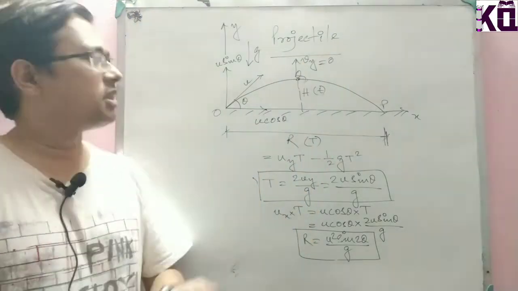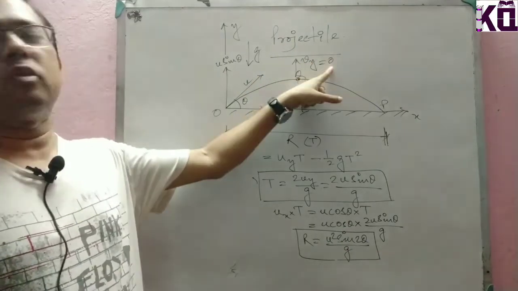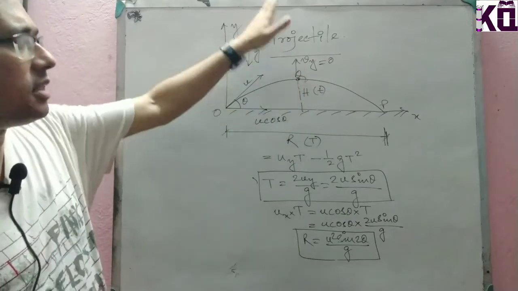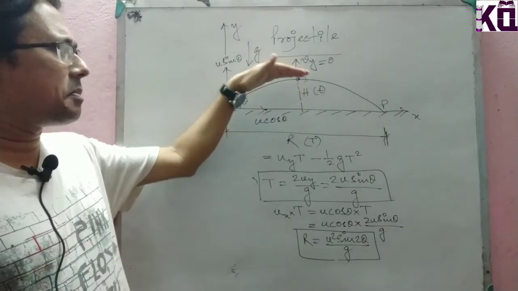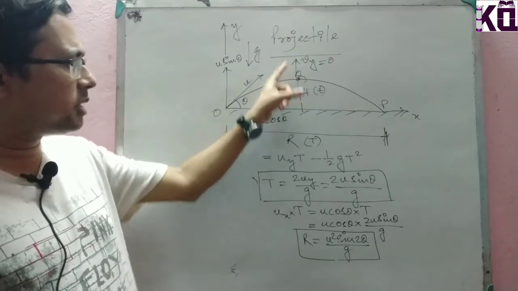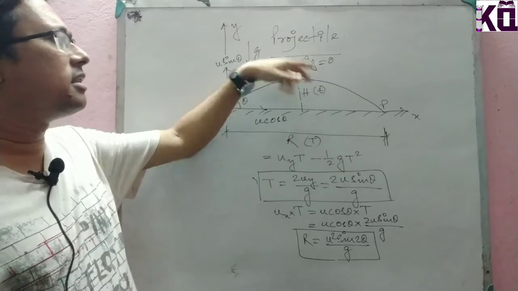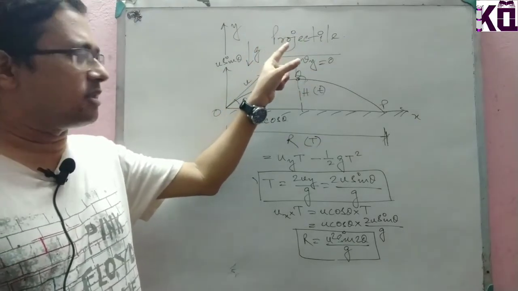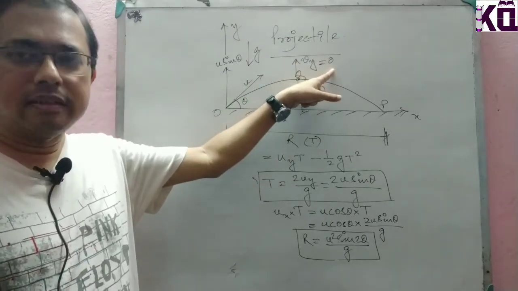Why? Because if the velocity in the y direction is not 0, then the body will move further in the y direction, so it would not be the maximum height. At the maximum height, there must not be any upward movement of the body. So we can say Vy must be equal to 0.